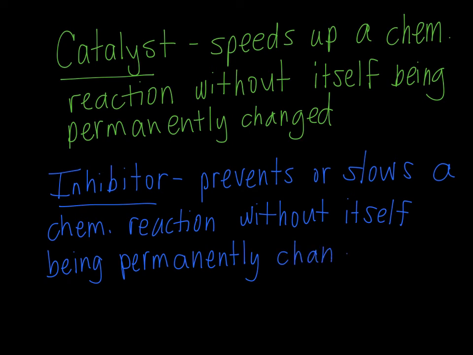You might be wondering, when would we want to make a reaction go slower? Well, one example might be the rusting on your car. If you could make that go slower, it would make your car last longer and look nicer.